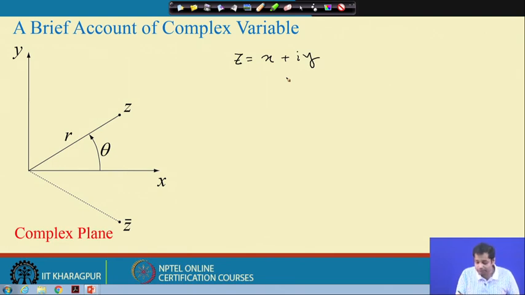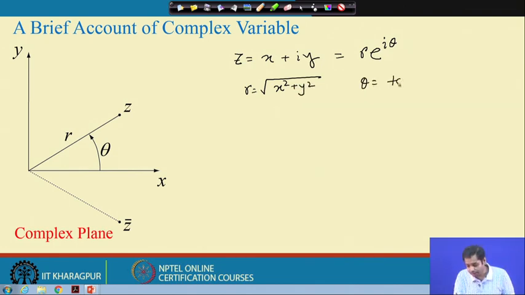It can also be written in polar form using r and theta, as z = r e^(iθ), where r = √(x² + y²) is called the modulus of z, and θ = tan⁻¹(y/x) is called the argument of z.